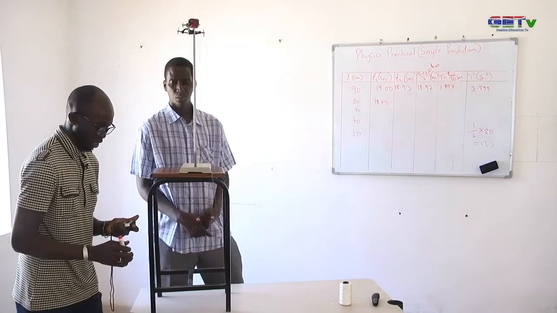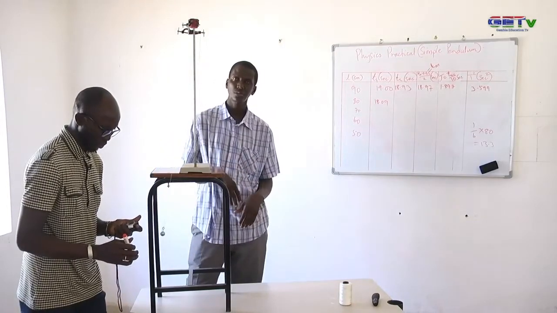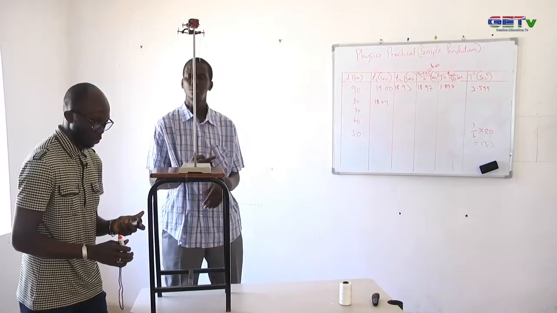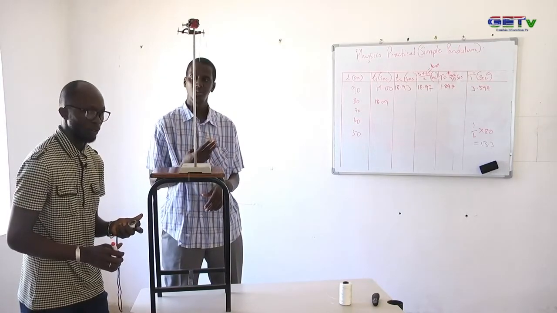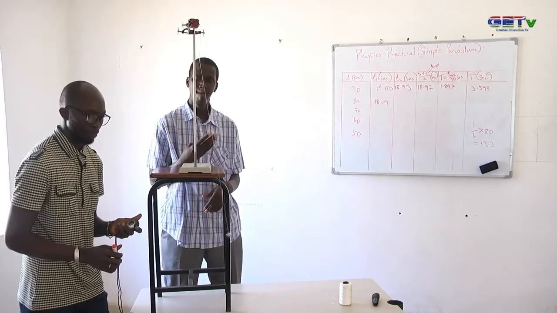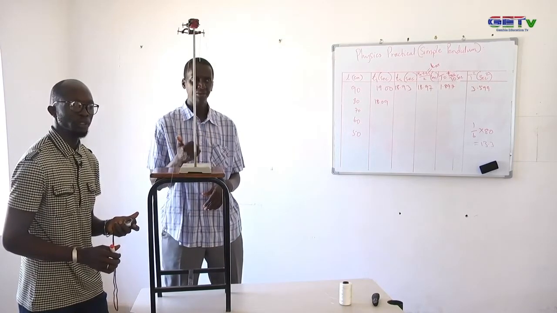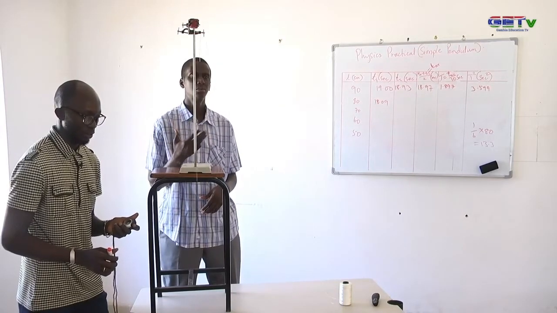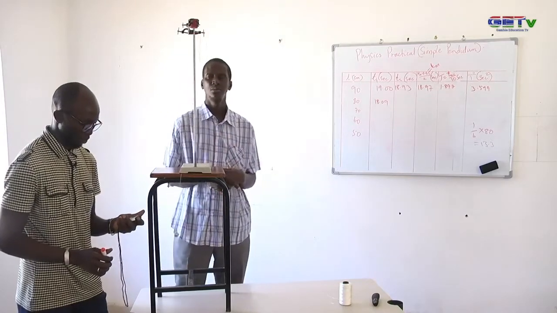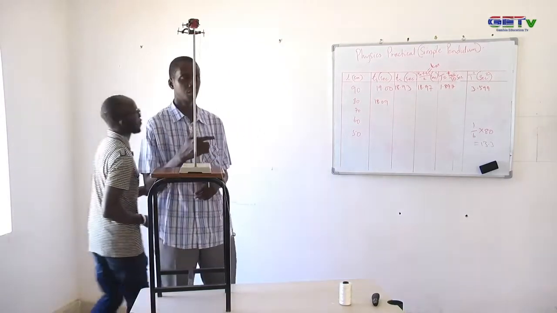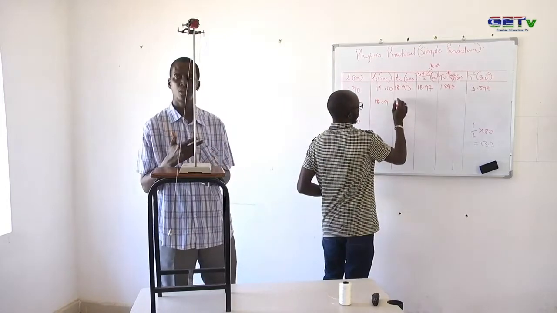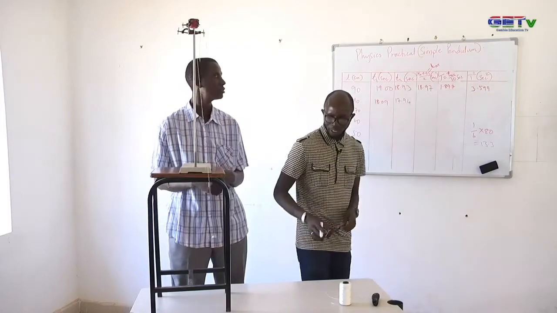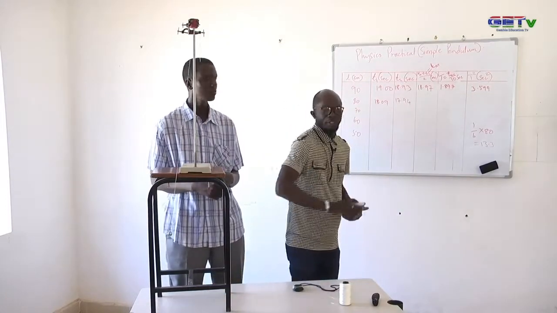After the count of 3, 1, 2, 3. 1, 2, 3, 4, 5, 6, 7, 8, 9, 10. I have 17.94.